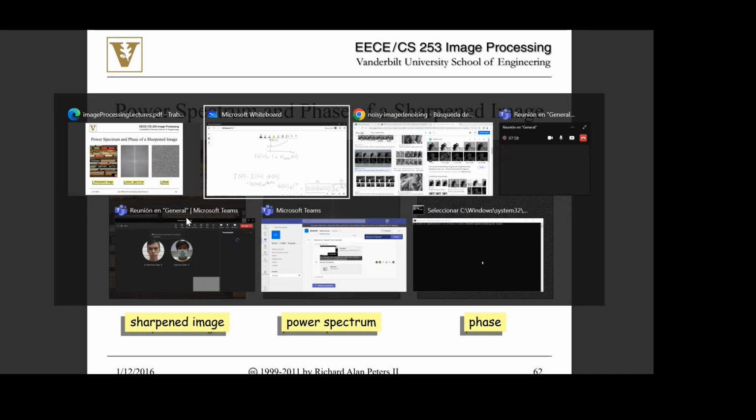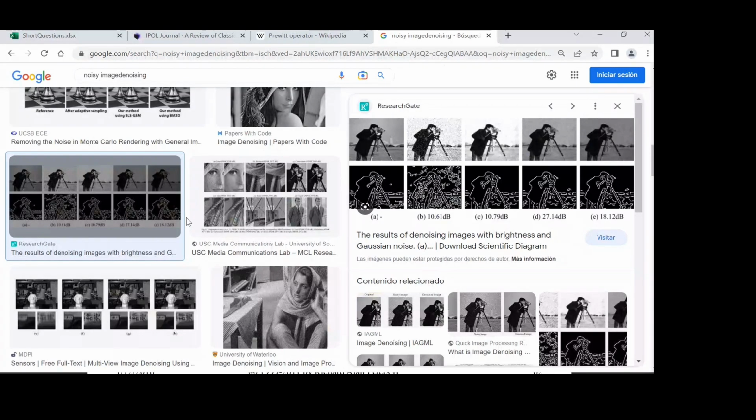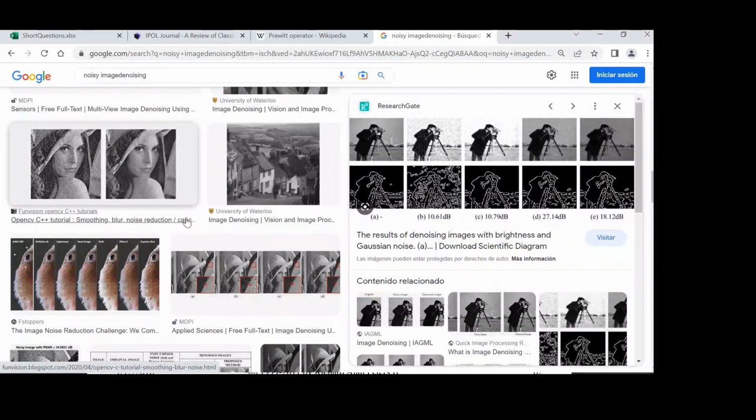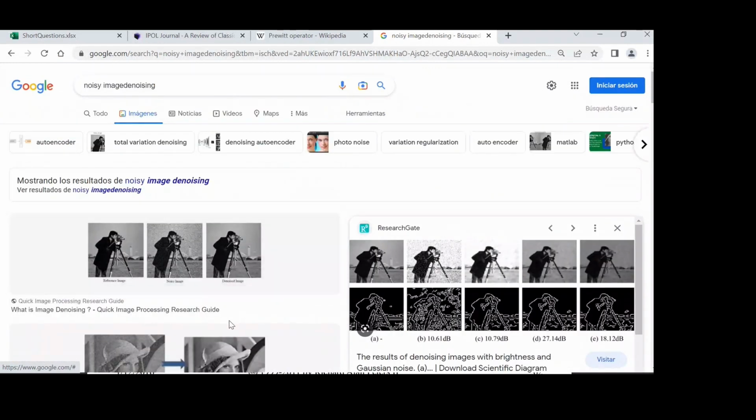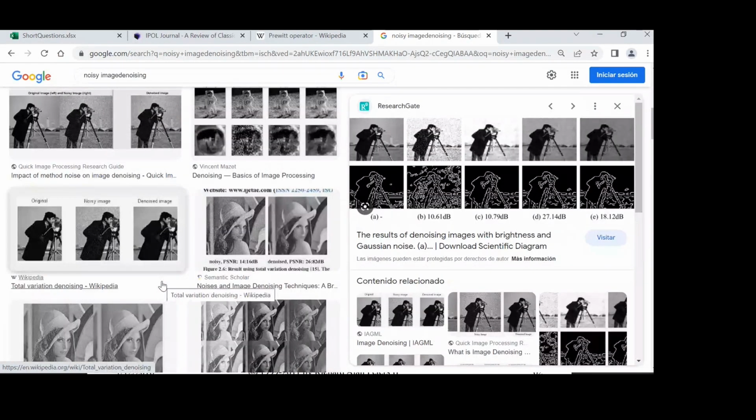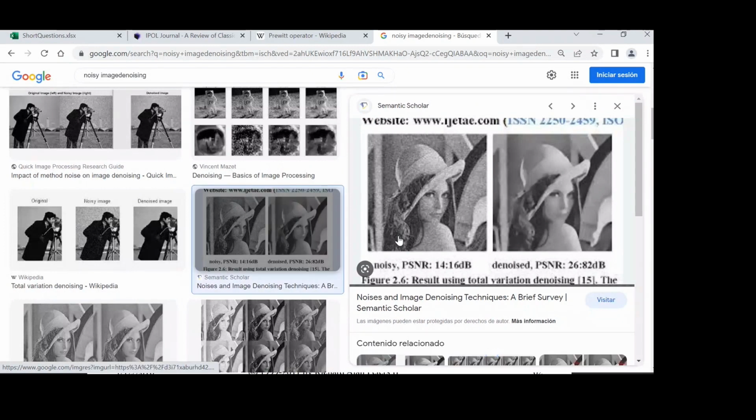If we look at the denoising, why don't we like the image with a lot of noise? Because it has a lot of edges. You are in a pixel and the next pixel has a totally different value, and the next one again. It has a lot of edges, so we don't like that.